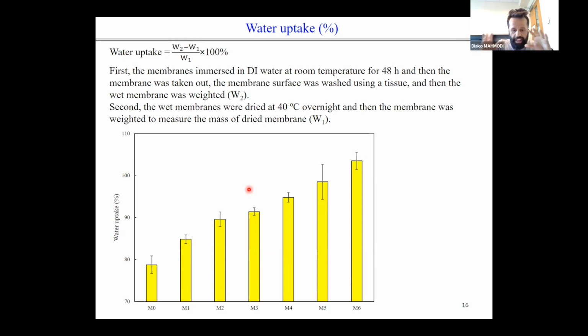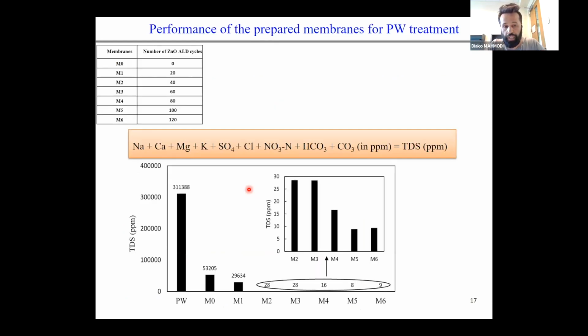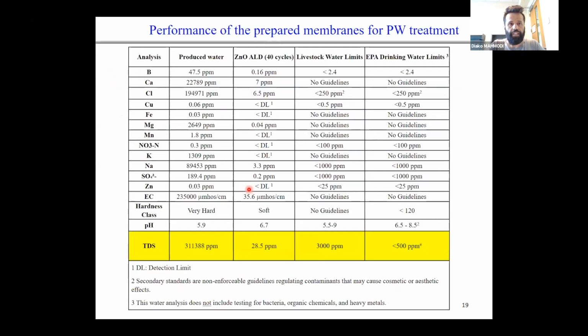There is also a correlation between the mass transfer coefficient and FFV, or fractional free volume. That's how, in our paper, we discussed why after increasing zinc oxide ALD, the TDS rejection rate decreased immensely. Here is the table for produced water and zinc oxide 40 cycles, or M2.